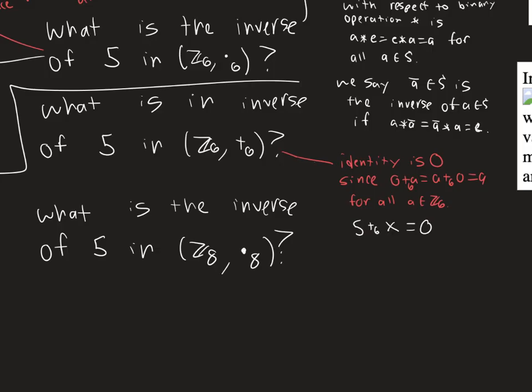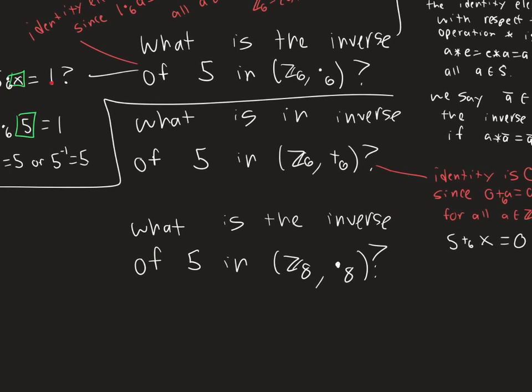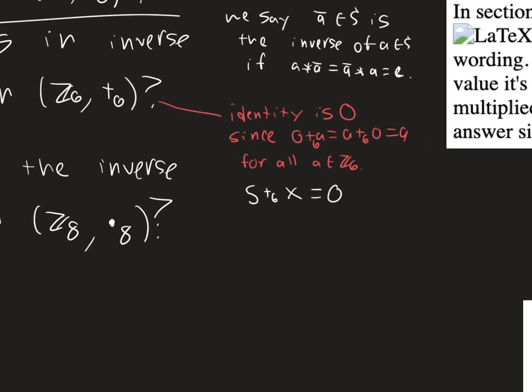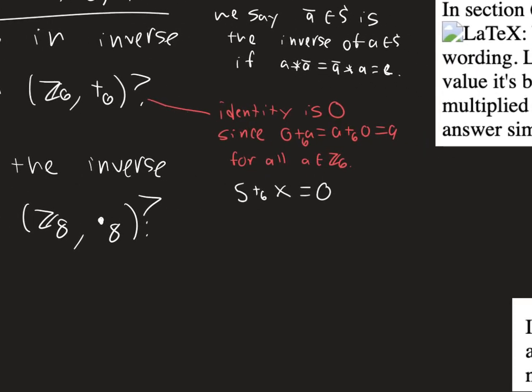The equation we're solving here is different because there's a different identity. In the previous one, the equation we're solving is 5 times x equals 1. Here it's 5 plus x equals 0. If you add 1, 5 plus 1 is going to give you 0 in the special addition. So the inverse of 5 is 1, or since this is addition, sometimes we use the notation -5 equals 1. All this is saying is the inverse of 5 here is 1.